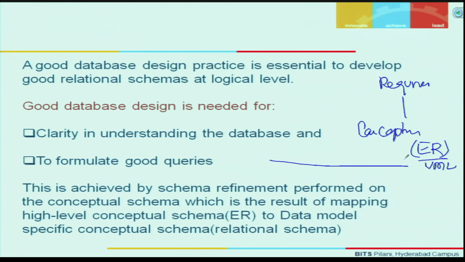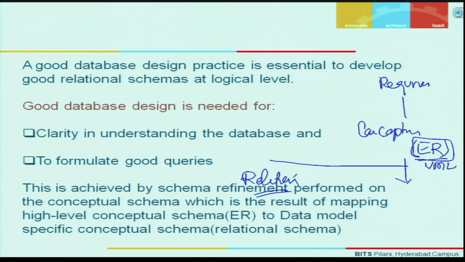Once the conceptual design is done, that means once we are ready with the ER model, then we need to decide upon the specific database management system or the implementation data model, or we also call it the representational data model, to implement our database. And in our case, we have chosen to go with the relational model.